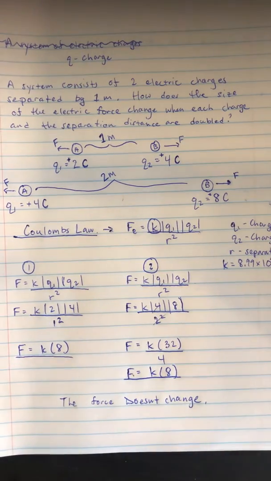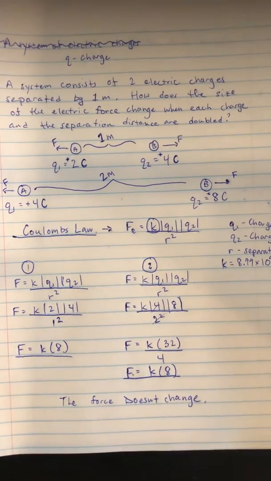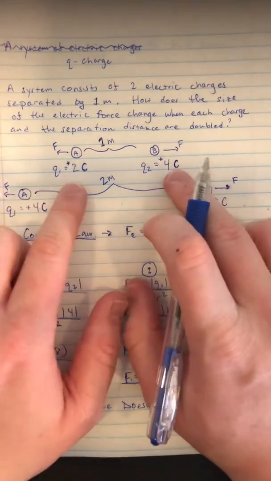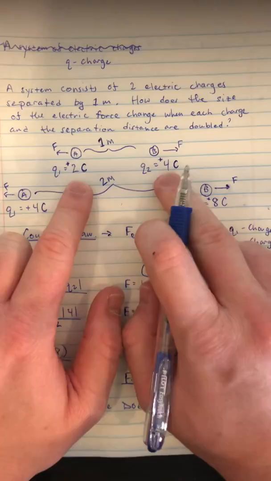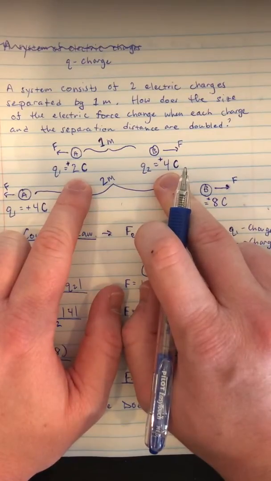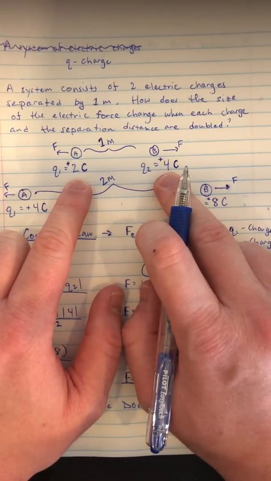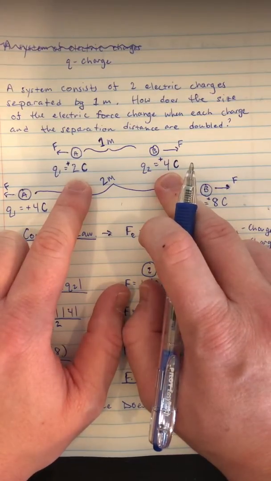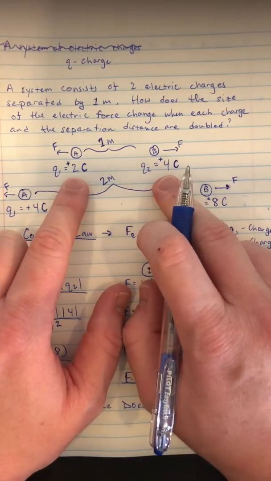The force didn't change. Well, let's talk about it just conceptually, right? If we make the charges bigger, so Q1 and Q2 get bigger, we increase the electric charge of our particles. What's going to happen to the force? Well, if we make the charges bigger, the force should get stronger.